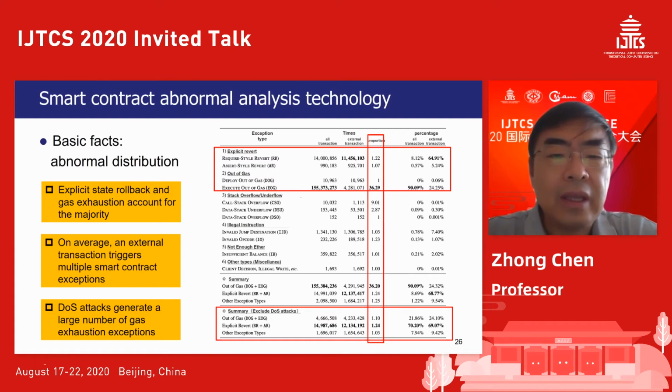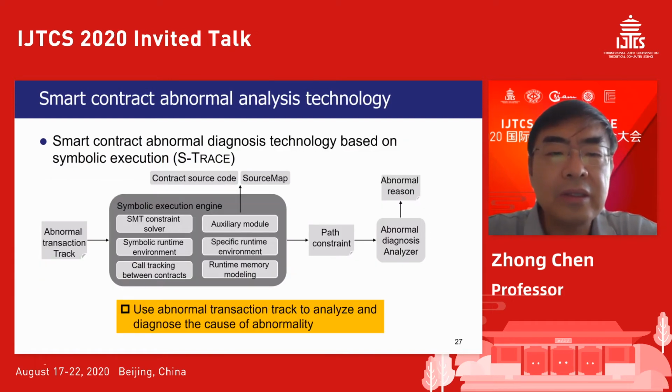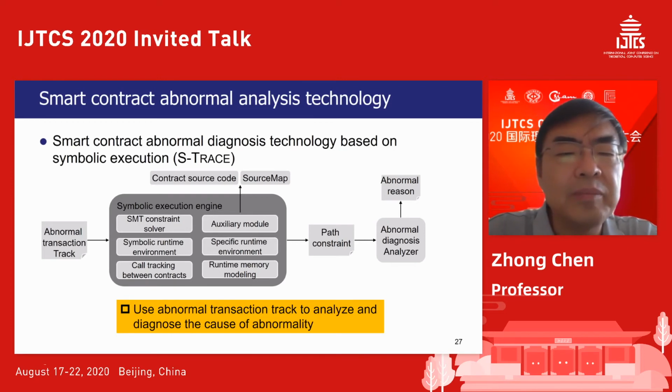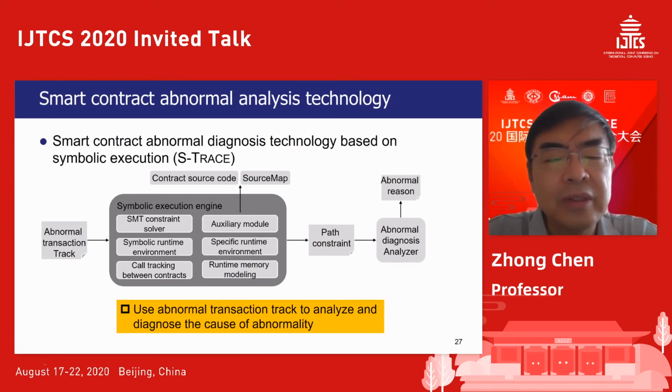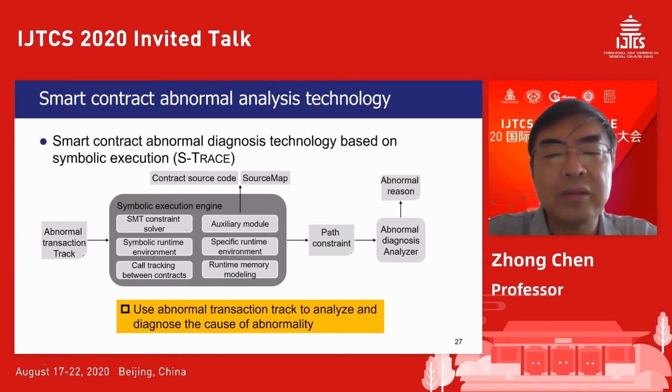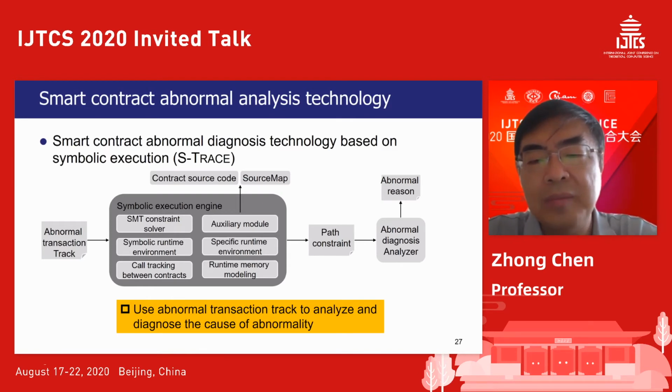Well, next is the smart contract abnormal diagnosis technology, which is based on symbolic execution. The abnormal transaction trace goes through a symbolic execution engine to get the contract source code and the source map.